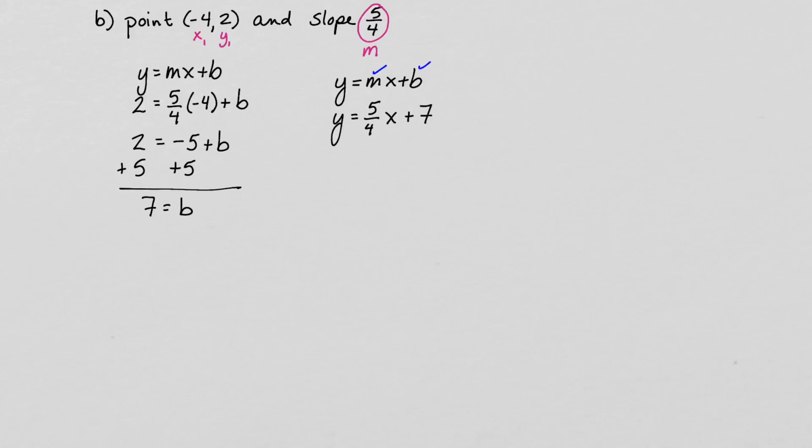So the most important stuff to remember is you want to plug the point and the slope in at first to find the b, but then once you know the slope and you know the y-intercept, you're only going to plug those two things in so that you can get the equation of the line. So the equation of the line is still going to have the y and the x. You're not actually going to plug in for those.